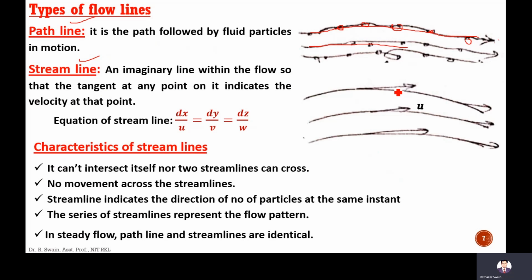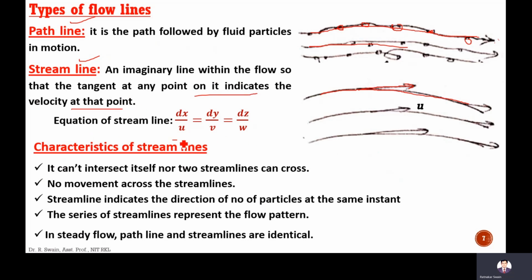It is an imaginary line within the flow such that the tangent at any point on it indicates the velocity at that point.